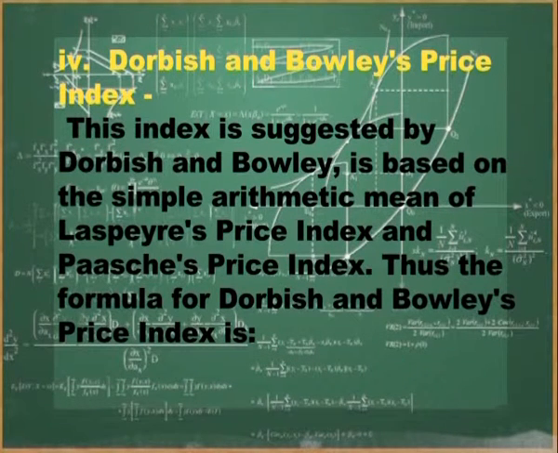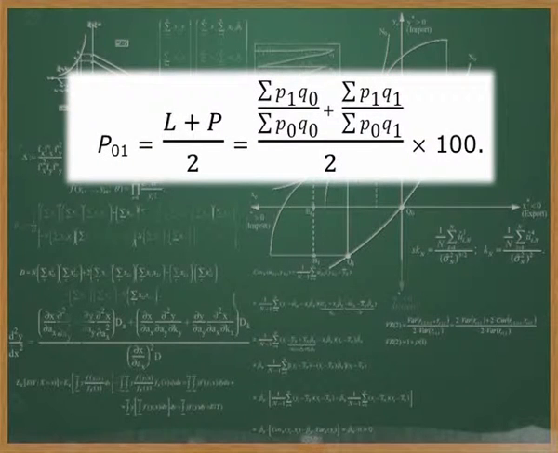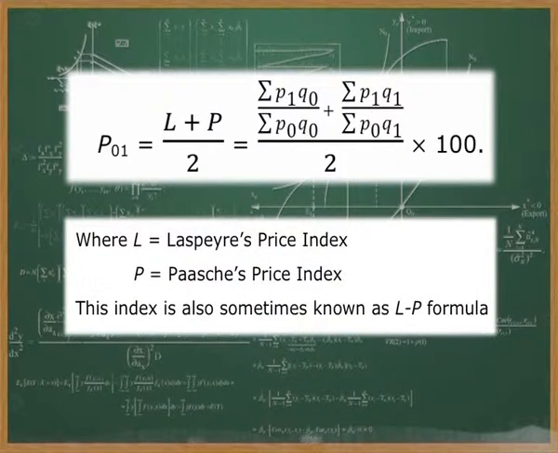Thus the formula for Dorbish and Bowley's price index will be P01 equals L plus P divided by 2, that is the arithmetic mean of Laspeyre's and Paasche's price index, which is equal to sigma P1 Q0 divided by sigma P0 Q0 plus sigma P1 Q1 divided by sigma P0 Q1. Whole thing is divided by 2 and multiplied by 100, where capital L is Laspeyre's price index and capital P is Paasche's price index. So this index is also sometimes known as LP formula.